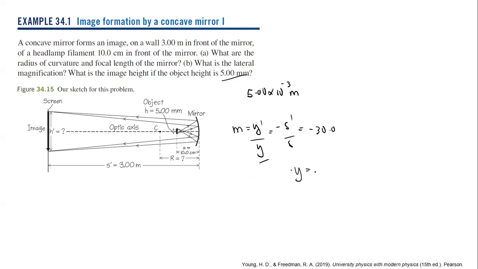So what is the object height? This is our target variable. Y prime is equal to y times negative 30.0. So we have 5.0 times 10 to the negative 3 meters times 30.